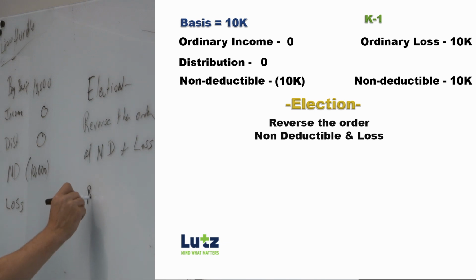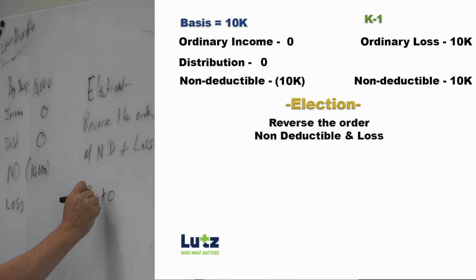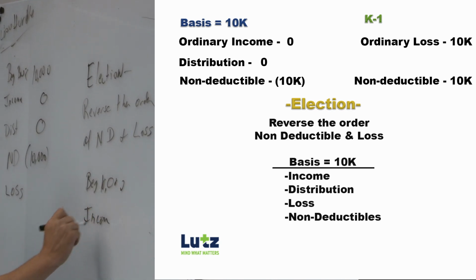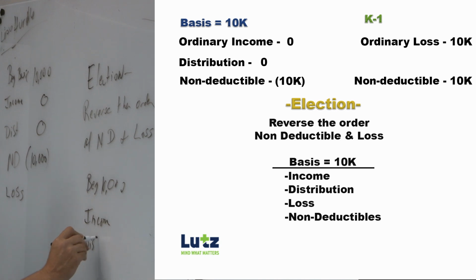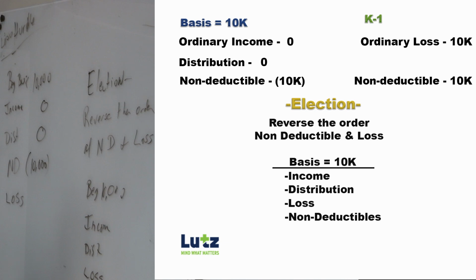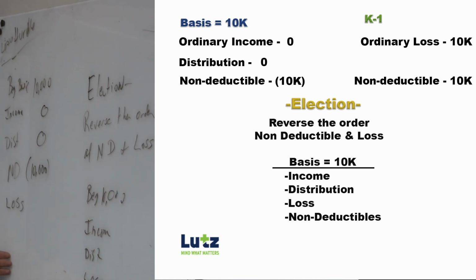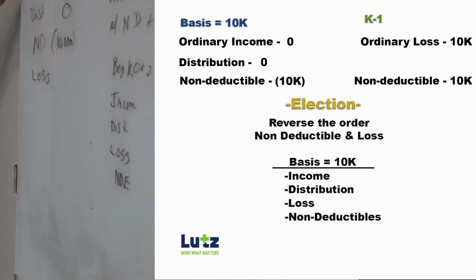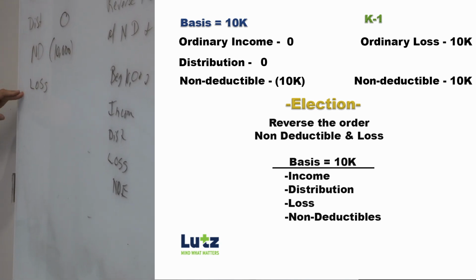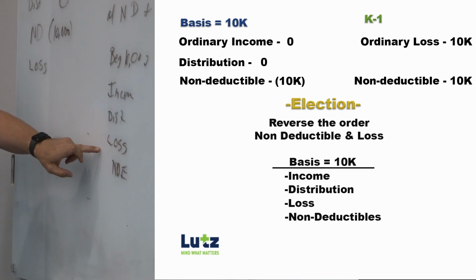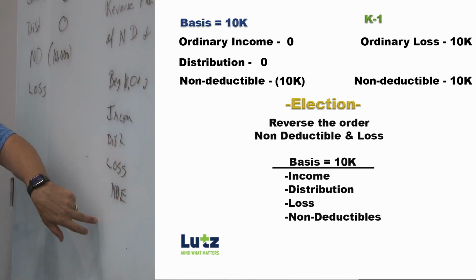I've got beginning basis of 10,000, and it says income is first, distribution next, loss next, and non-deductibles last. It reverses it. That's what the election does. Normally it's beginning, income, distribution, non-deductible, loss. The election says, no, I'm going to elect to reverse those two: beginning, income, distribution, loss, with non-deductible being last.